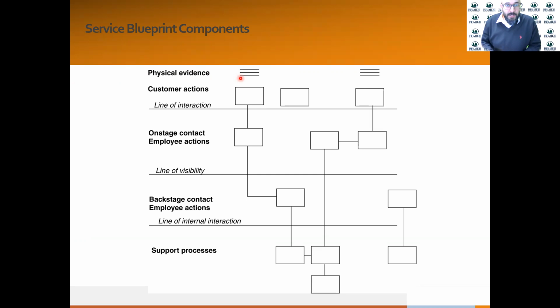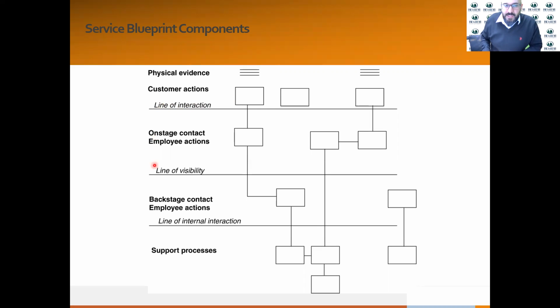If we're talking about a restaurant, for example, a table is physical evidence. The customers will be sitting on a table. That's a physical thing. Then customer action, which is how the customer looks at your service from their perspective.